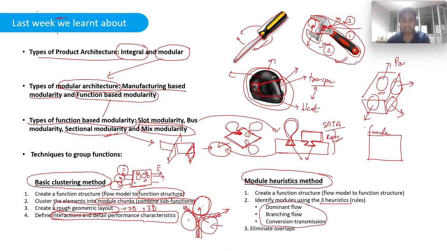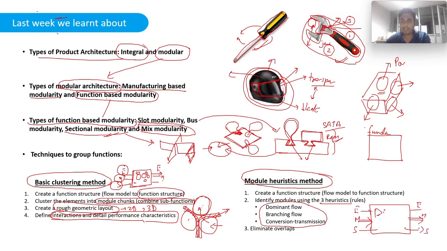We can just take these rules directly. So what we do here, similar to the clustering model, we create the flow model: energy, material, signal, and then energy out, material out, and then signal out.